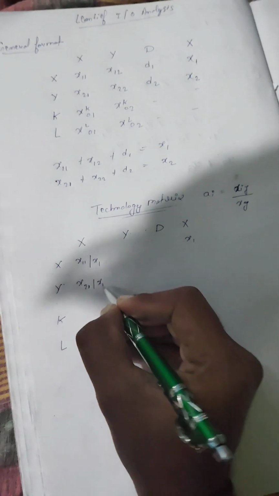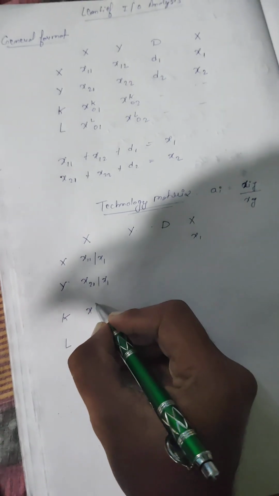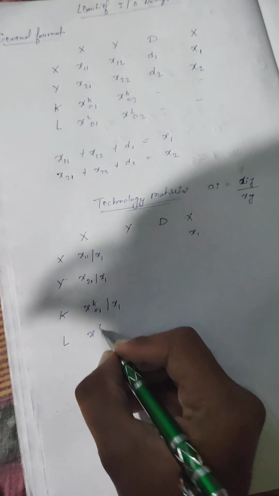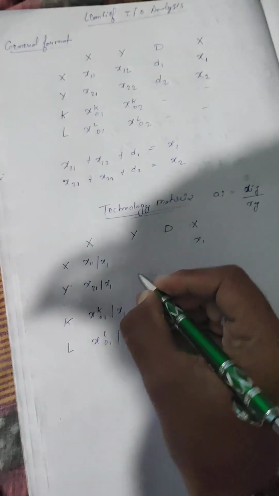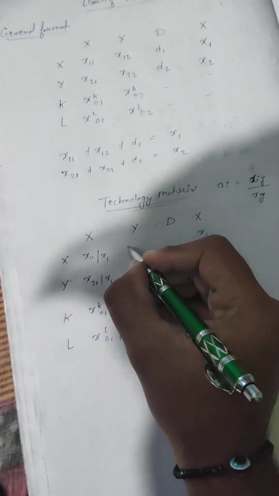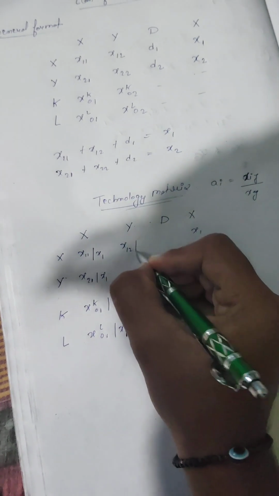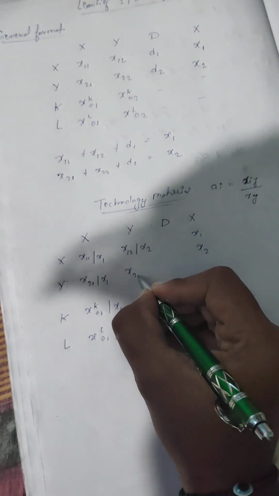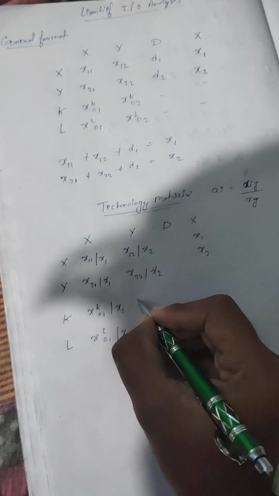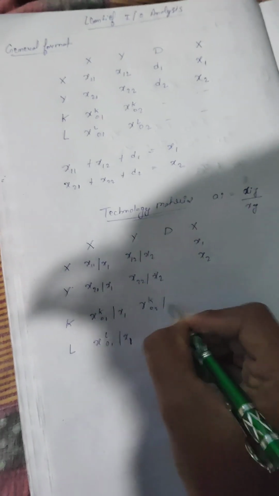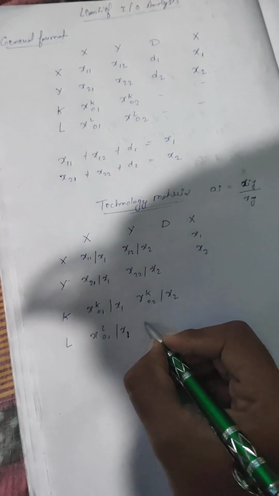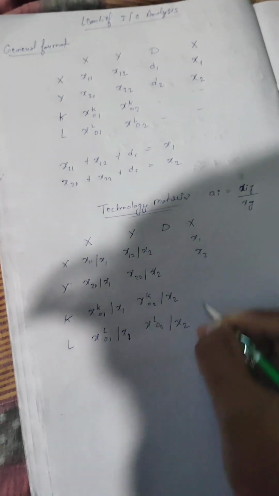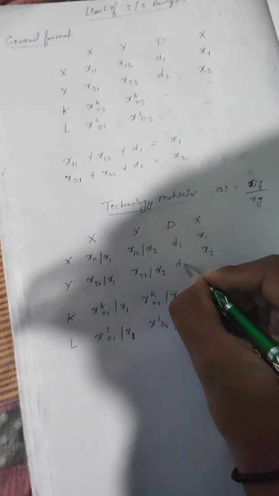X21 divided by X1, XK01 divided by X1, XL01 divided by X1. X12 divided by X2, X22 divided by X2, XK02 divided by X2 and XL02 divided by X2. Final demand D1, final demand D2.